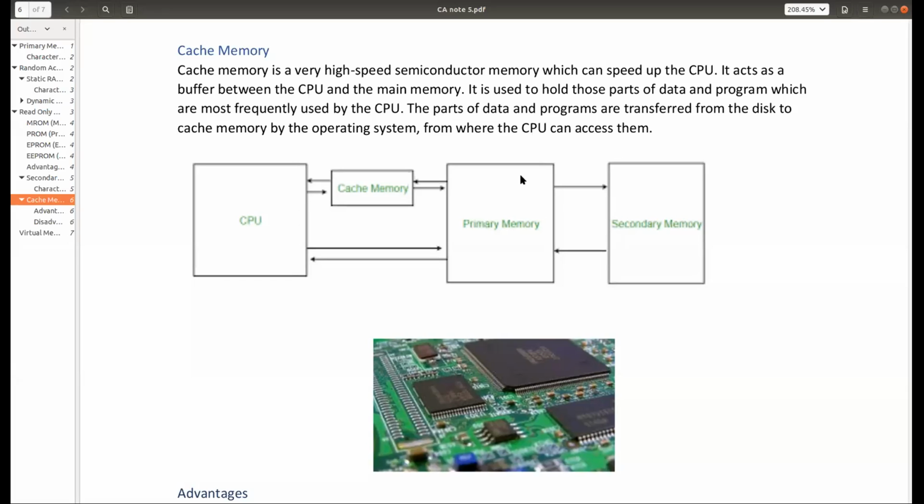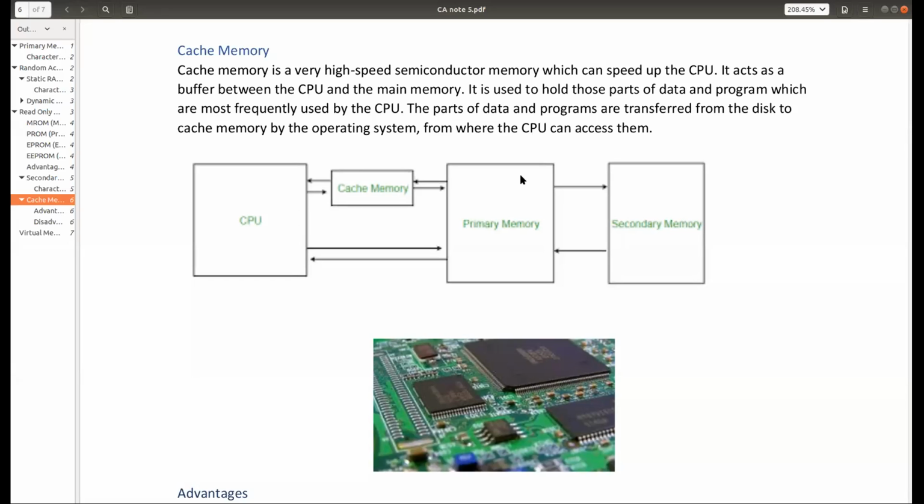Now, what type of data will be stored in cache? The data which is frequently accessed by your computer system. Some data are accessed seldom, and some data are accessed frequently.